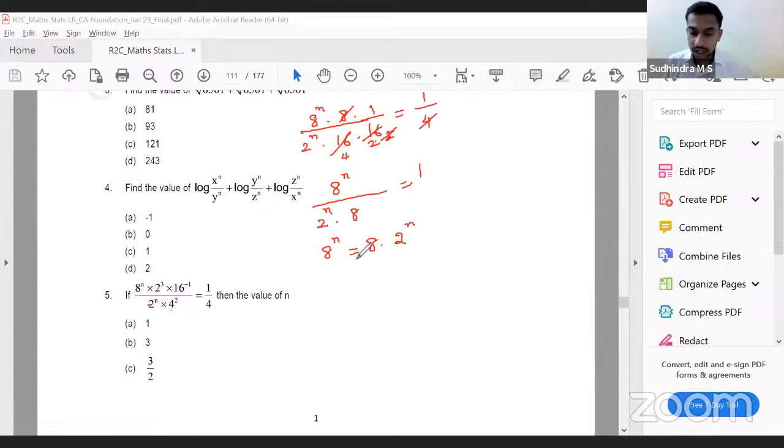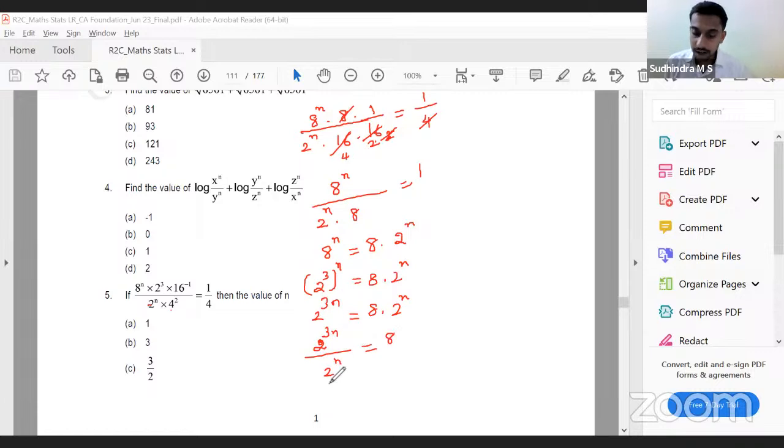This is what we get. 8 power n can be written as 2 cube whole power n equals 8 into 2 power n. 2 cube whole power n would be 2 to the power of 3n equals 8 into 2 to the power of n. If I send 2 to the power of n the other side, 2 to the power of 3n divided by 2 to the power of n equals 8.